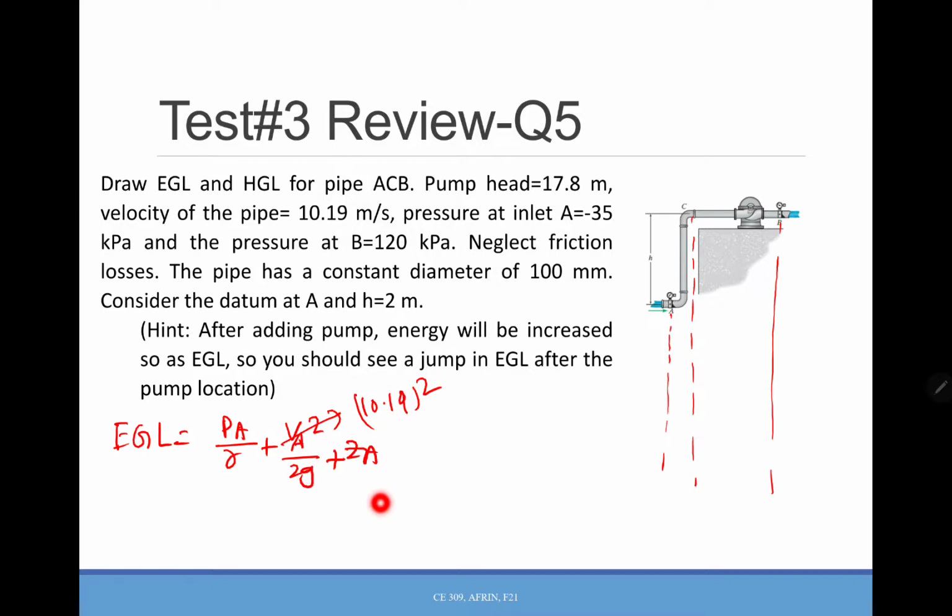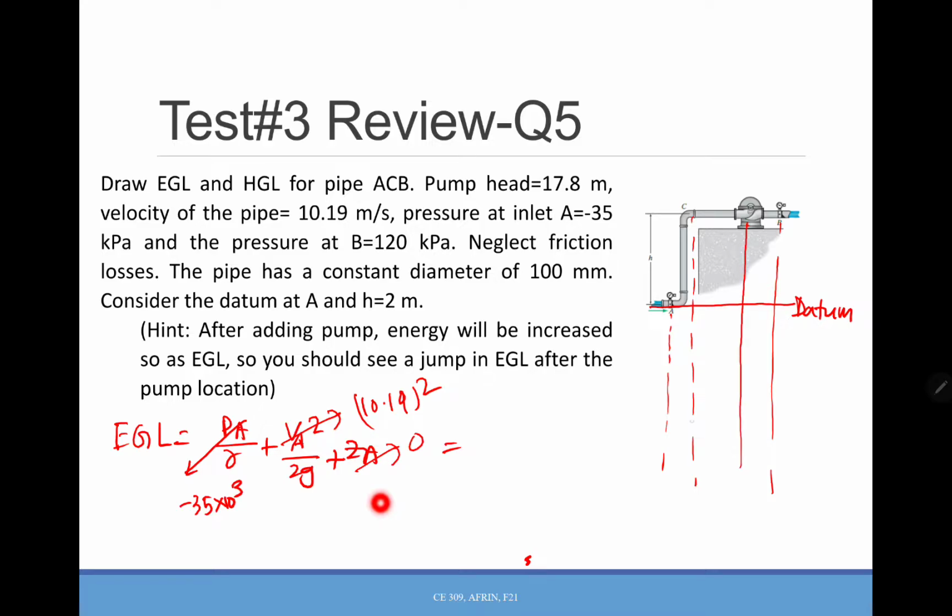You need to convert that into Pascal, and it's negative, so it will be negative 35 times 10 to the power 3. You know the gamma, and if you consider this one as a datum, the ZA is 0, so you will get something, and that will be the line up to this point.